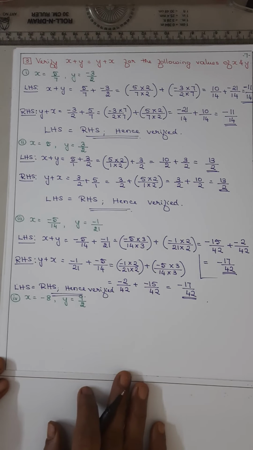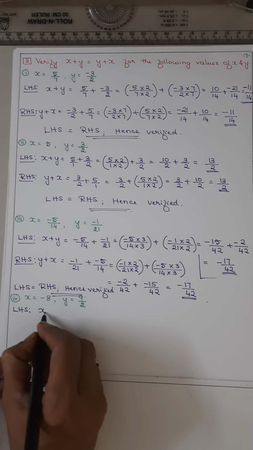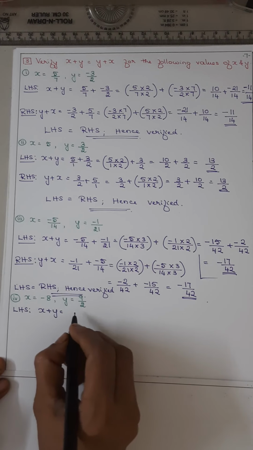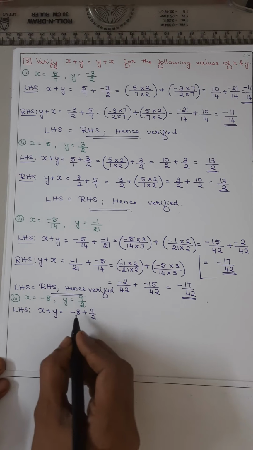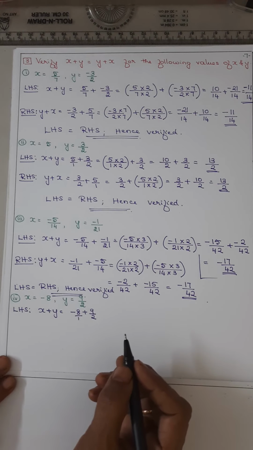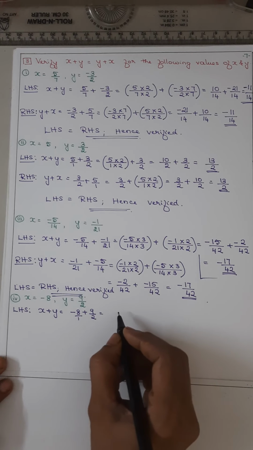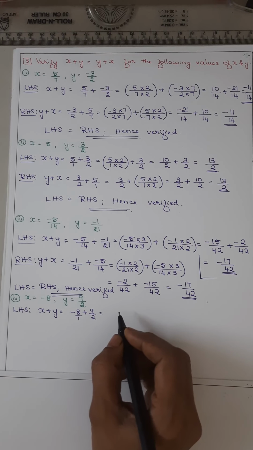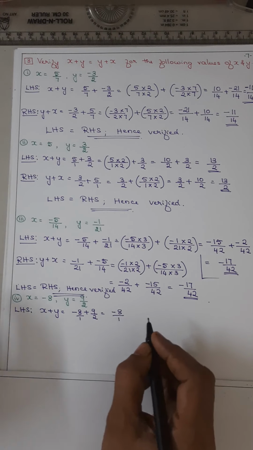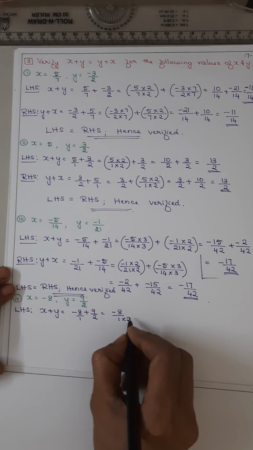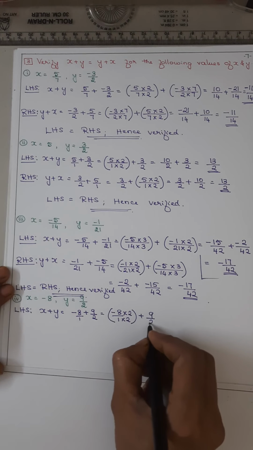Now coming to the fourth subdivision, LHS, x plus y. Here also it is minus 8 plus 9 by 2. Minus 8 means denominator is 1. So the LCM is 2. So minus 8 by 1 convert into 2, plus 9 by 2 will be as it is.